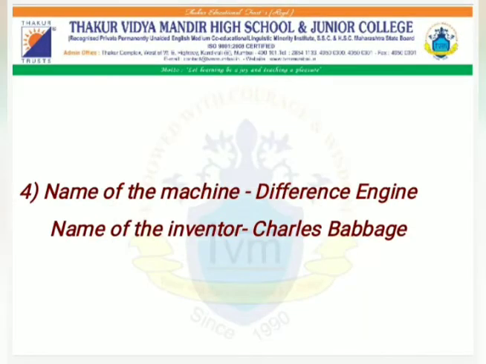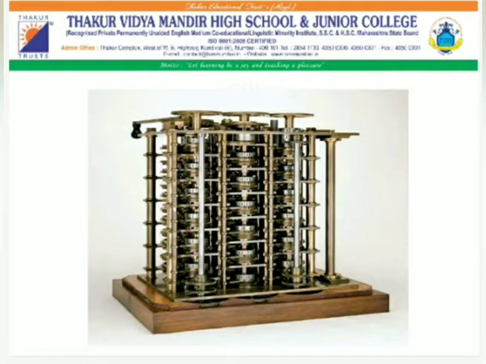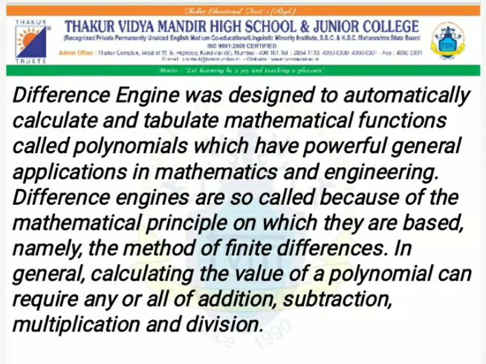Moving on to the next machine, that is the Difference Engine, invented again by Mr. Charles Babbage. Now this Difference Engine is a bigger version of the scientific calculator, or the calculator used by students of engineering for doing their complex calculations. The Difference Engine was designed to automatically calculate and tabulate mathematical functions called polynomials. These polynomials are nothing but mathematical calculations done in the course of engineering.